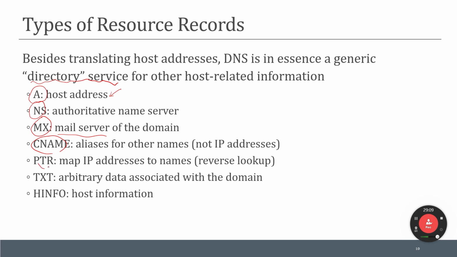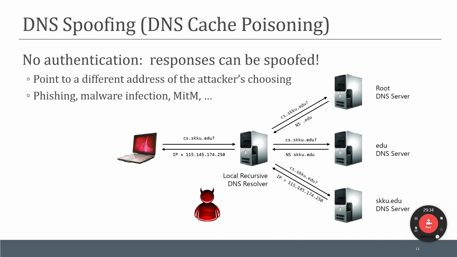And PTR is for reverse lookup that maps IP addresses to domain names, and some arbitrary data within the TXT RR field, and other host information with the HINFO resource record. So there are several different kinds of types for resource records. But the reason why we talked about this is to understand DNS spoofing.